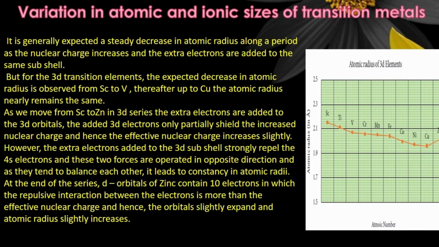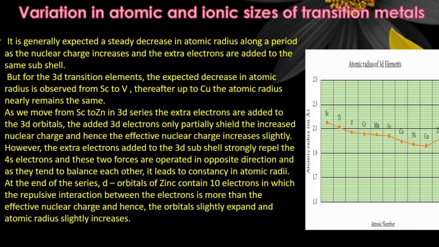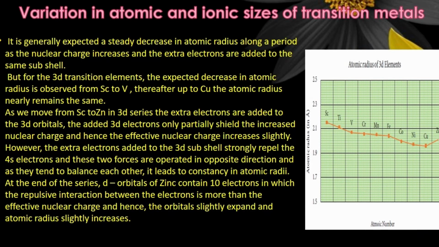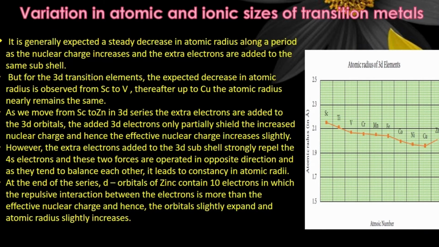If you look at the graph, you can see atomic radii of 3D series decreases from scandium to vanadium as expected. And after that, till copper, atomic radius remains almost the same.